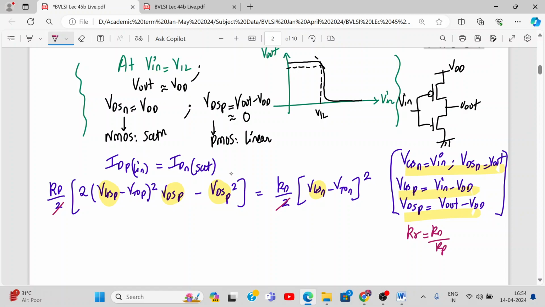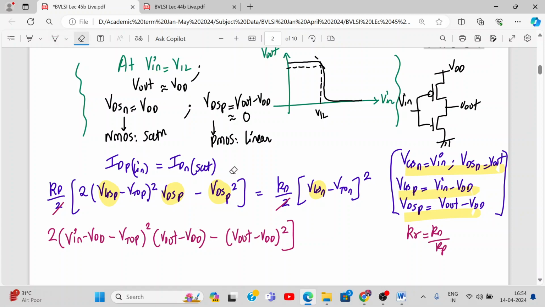At the end, what you will get is twice times Vin minus VDD minus VTOP, into Vout minus VDD, minus Vout minus VDD the whole square, and that is equal to Kr.